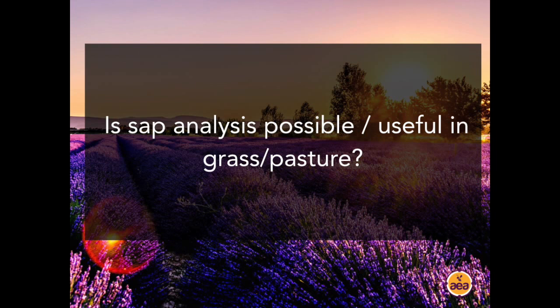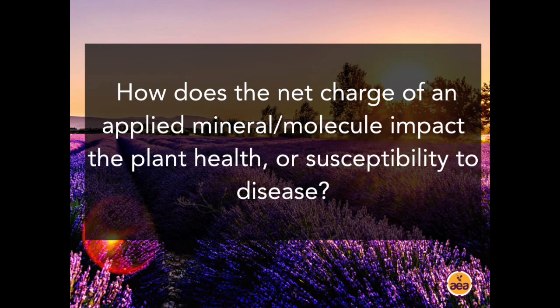How does the net charge of an applied mineral or molecule impact the plant health or susceptibility to disease? So when we look at what is happening in the plant from a biophysics perspective rather than a biochemistry perspective, we look at electron charges, reduction, oxidation, cell membrane voltage potential, etc., which can be measured by pH and EH and so forth.